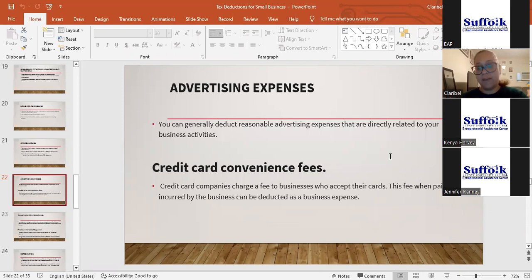Any credit card convenience fees, if you take credit card payments from customers and the credit card company charges you a fee, you can deduct that. This fee, when paid or incurred by the business, can be deducted as a business expense.